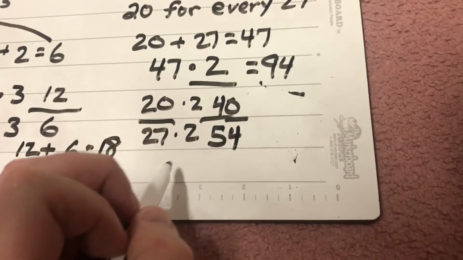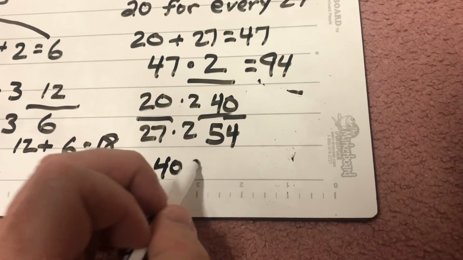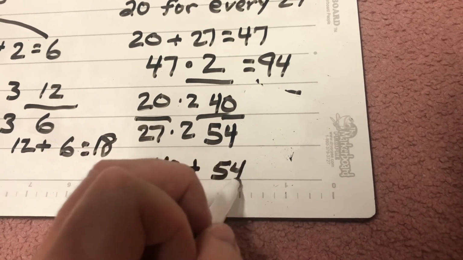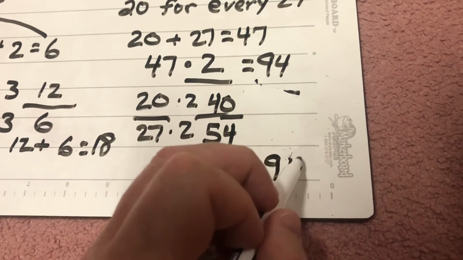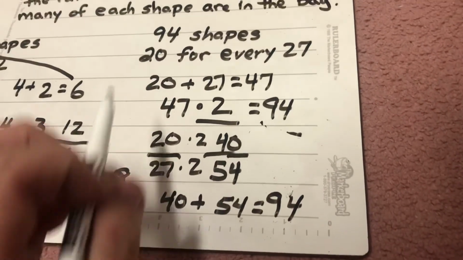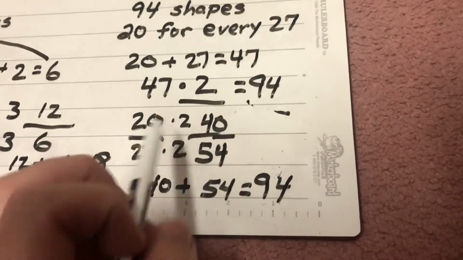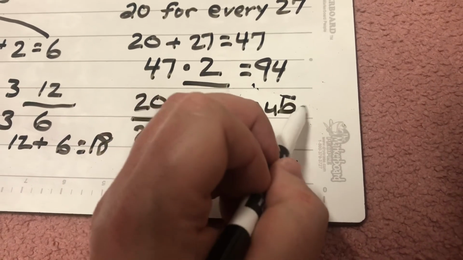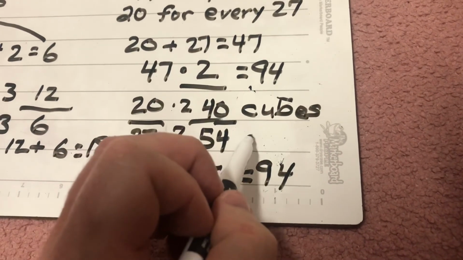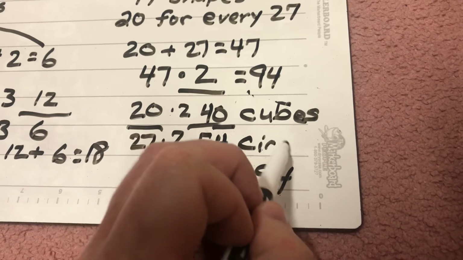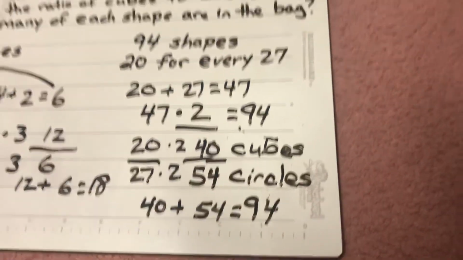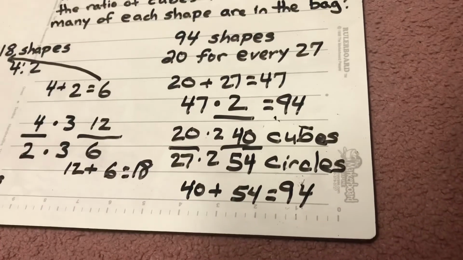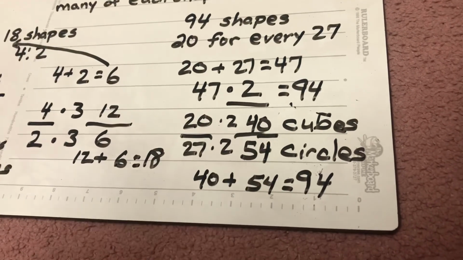And if I were to actually add 40 plus 54, I would see that indeed that would equal 94 for my 94 shapes. So that tells me that in this problem, I ended up with 40 cubes and 54 circles in that ratio of cubes to circles.